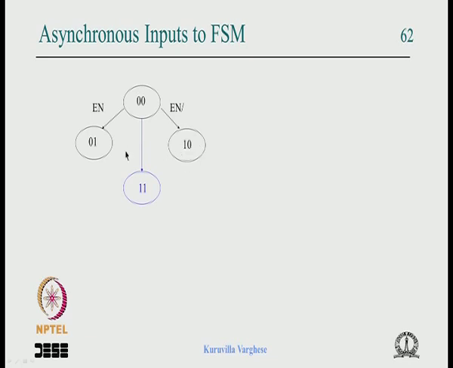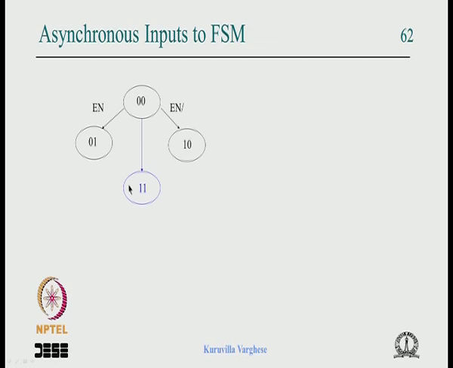Now once again, in this condition when enable is 1, Q0 is changing the state, when enable is 0 Q1 is changing the state. Now you can imagine that these 2 flip flops are sampling the one input with different path delays. So it may happen that instead of both changing, one might change.